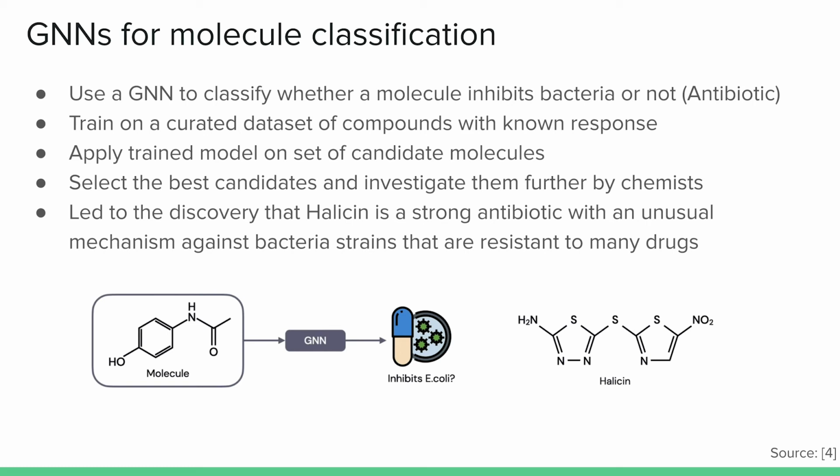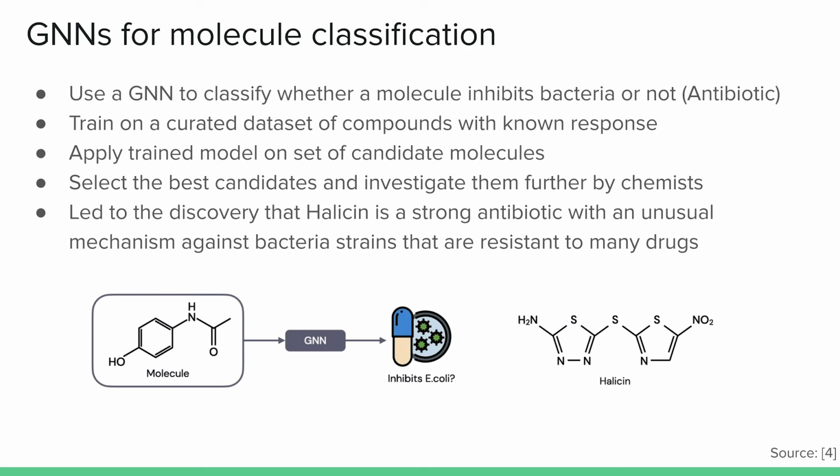Scientists took graph neural networks and tried to understand what properties certain chemical compounds have. They used the graph neural network to classify whether a molecule inhibits certain bacteria or not, for example Escherichia coli. And if it does, it is an antibiotic.